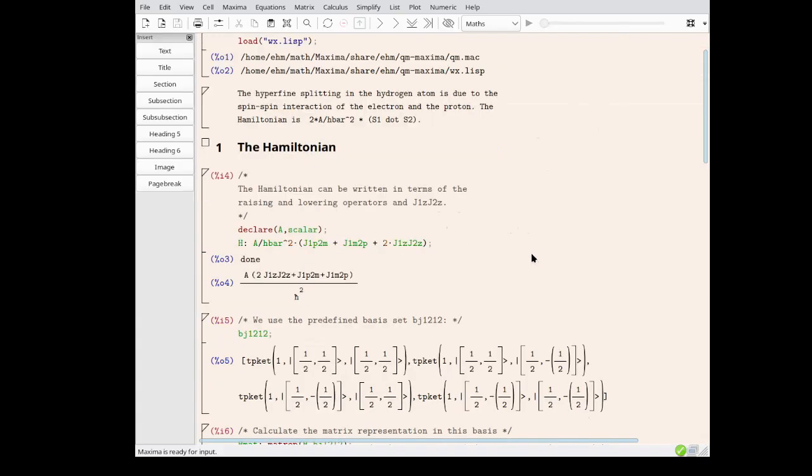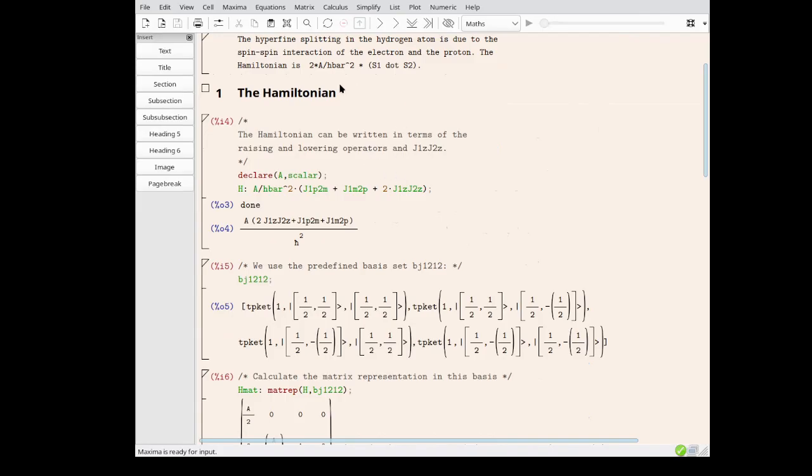Now, in QM-Maxima, we remember that the S operators are reserved for matrix representation of kets that have a matrix representation, but here we don't have that. We're going to use JM kets for this, and so we have to use the J operators instead of the S operators here.